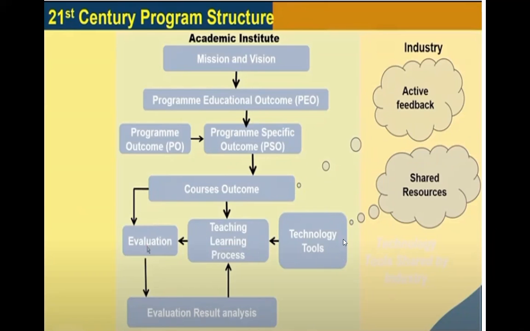And what are the additional things involved with this? You have the technology tools, shared resources from the industry, active feedback from the industry. Because as far as engineering education is concerned, you should be up to date with the industry. There is no need of teaching a tool which had become obsolete a few years back.